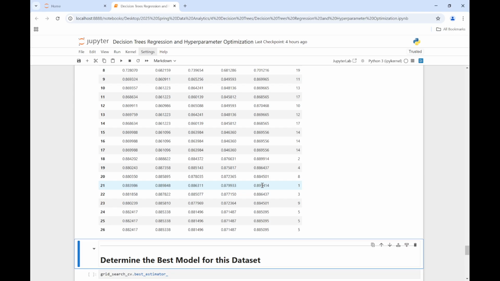So what we're looking at over here is not just a high R-square value. We're also looking for low variability across the model fits for each one of the folds. We want our model to generalize to new data, which means that the model should not be sensitive to how the test data looks.